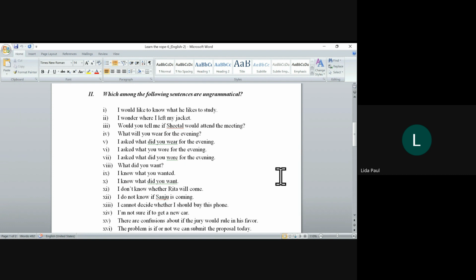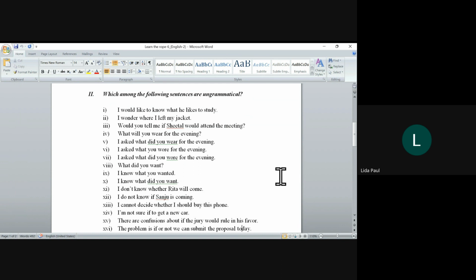So remember, in if clauses, if the complementizer if in a sentence is followed by an independent clause, then you can use if. In the sentence, Sheetal would attend the meeting, it's an independent clause, a complete sentence.